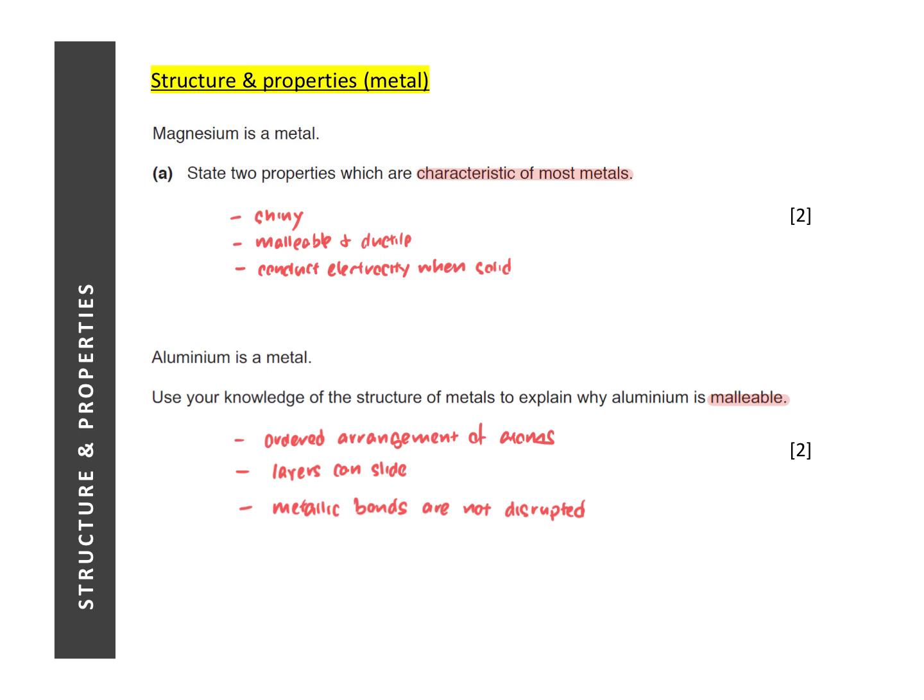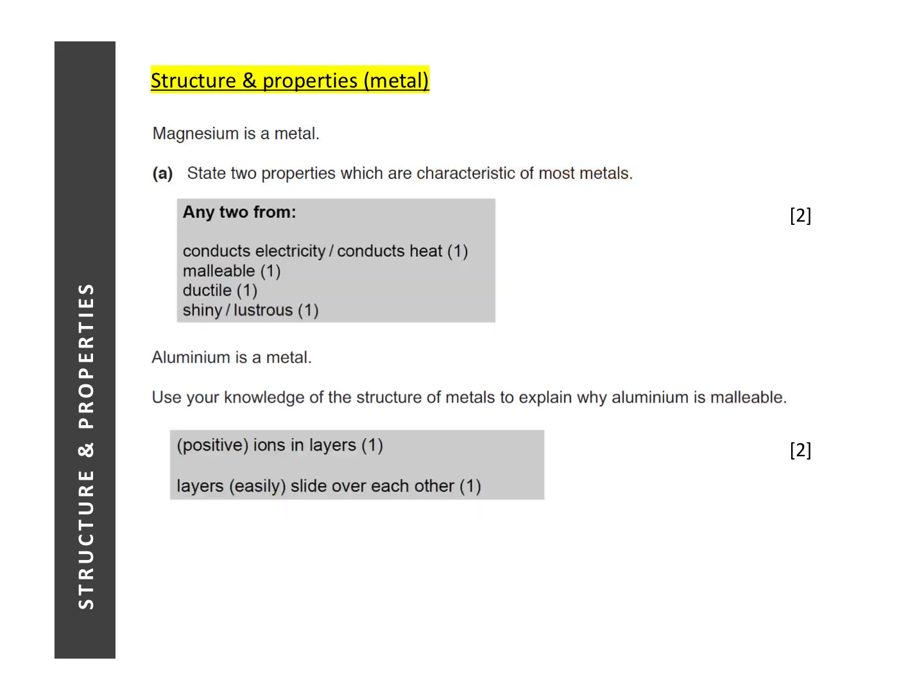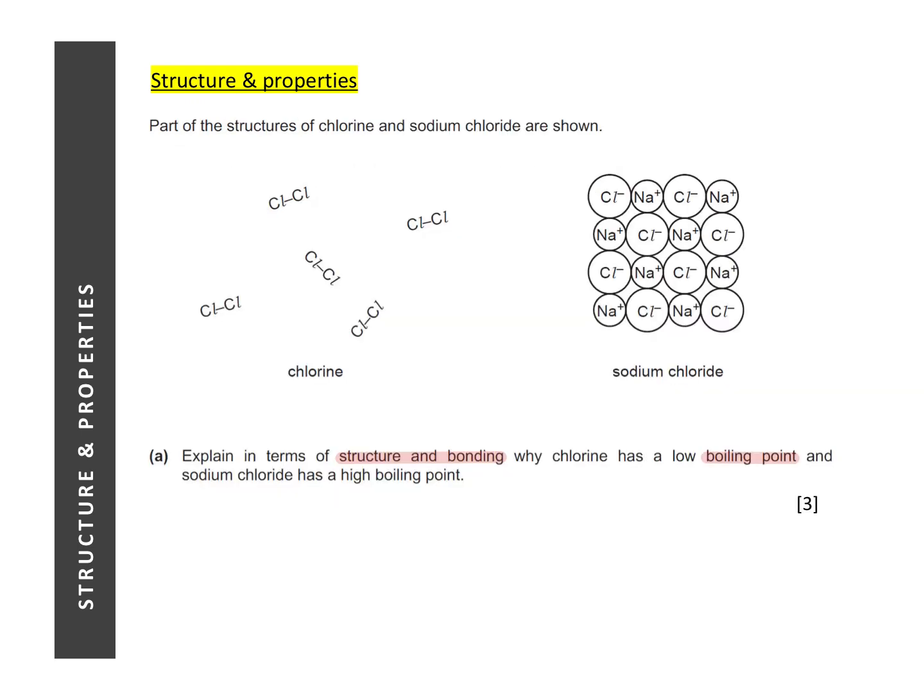Okay, and this phenomenon is due to the electrons being mobile. All right, the delocalization of the electrons in the giant metallic lattice structure. So as mentioned, these are the marking points given by Cambridge. If you wish to be safe, you might want to add on the point that the metallic bonds are not disrupted when we describe why metals are malleable.